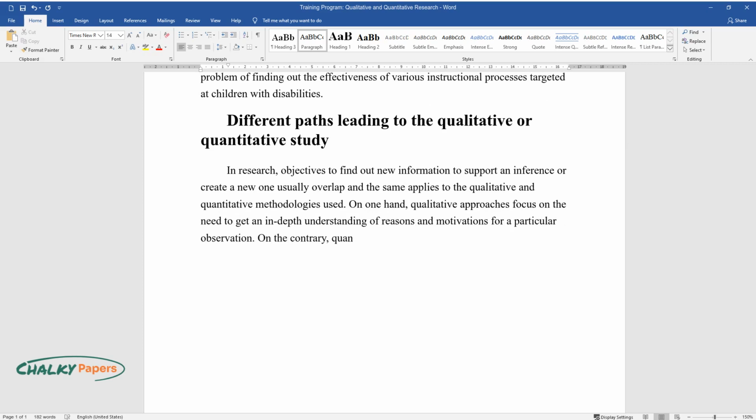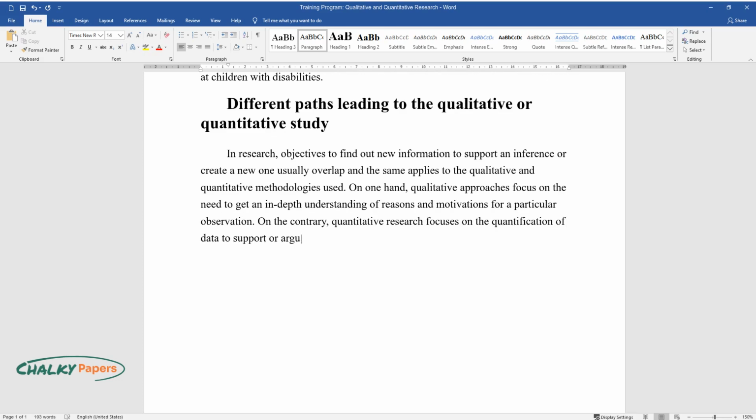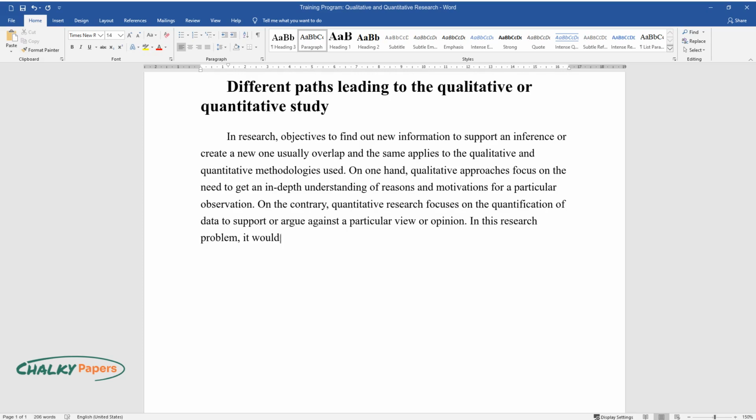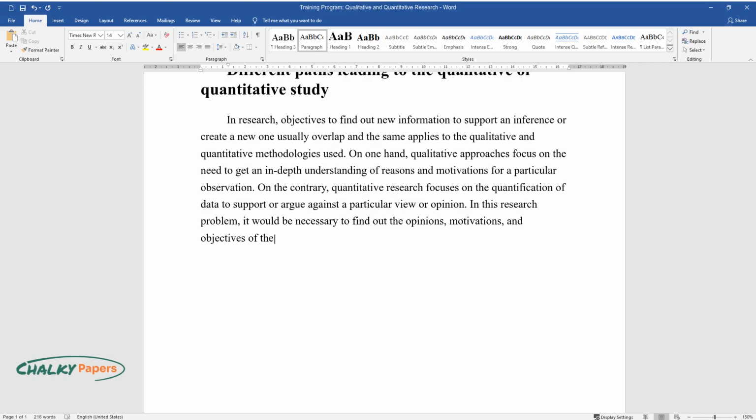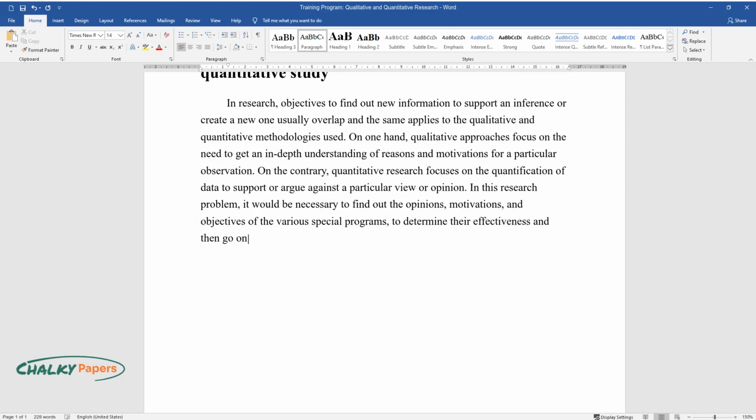On the contrary, quantitative research focuses on the quantification of data to support or argue against a particular view or opinion. In this research problem, it would be necessary to find out the opinions, motivations, and objectives of the various special programs, to determine their effectiveness and then go on to review actual performance to gauge effectiveness.